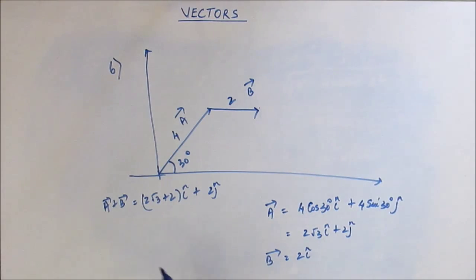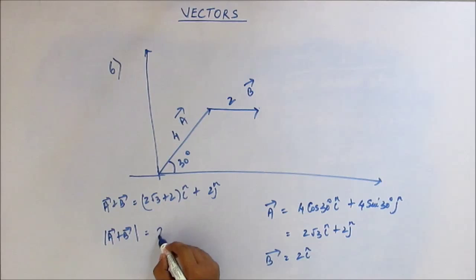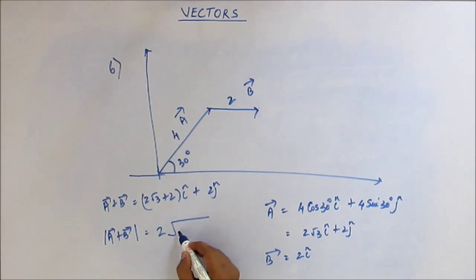Now find the magnitude of the resultant vector. Find the mod of A vector plus B vector. Try and do it orally. If you have done it already, you will get the answer as 2 root over 5 plus 2 root 3.